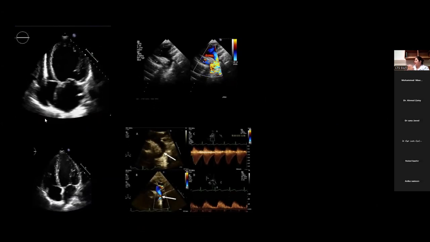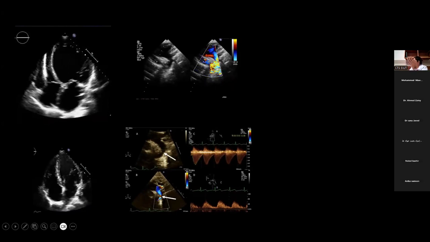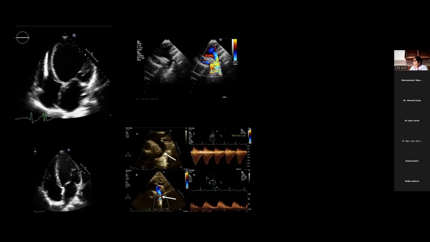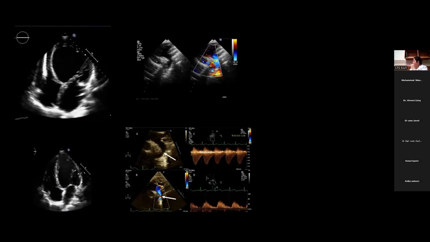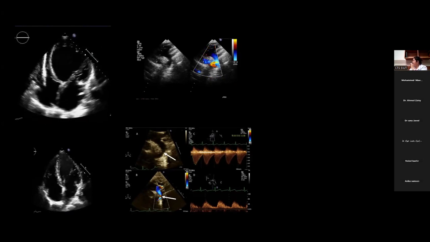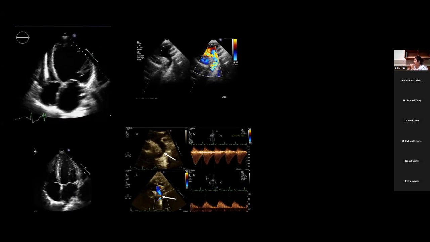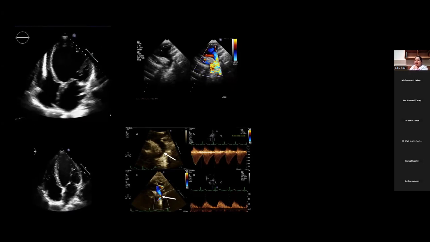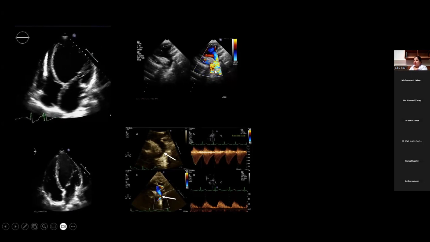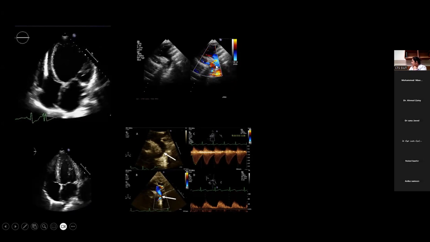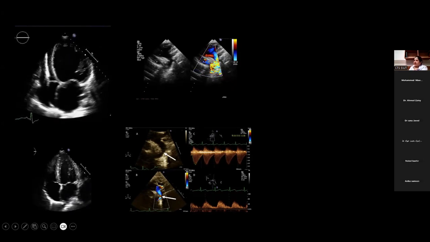As we had the baby last night, if you are doing some focused echo and you see there is severe LV dysfunction in a neonate, then definitely you have to think that there may be some reason, and you try to find out the reason. And if you know there is severe LV dysfunction, then you can go to the arch, and you can see that sometimes in severe coarctation patients, the patient may present with severe LV dysfunction.